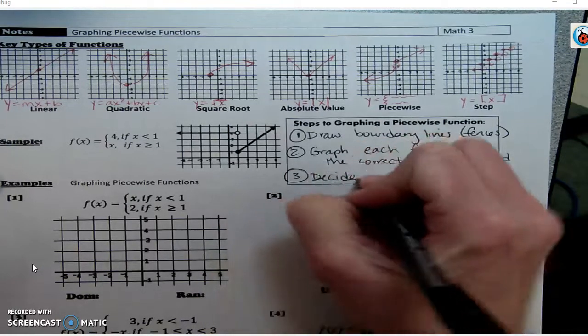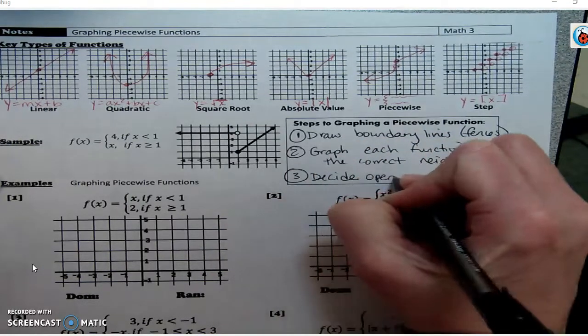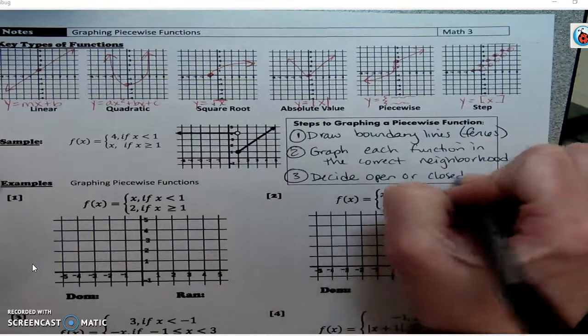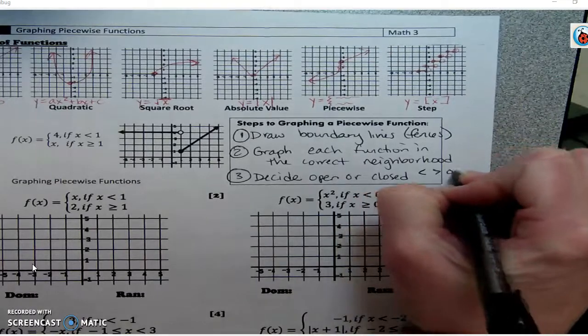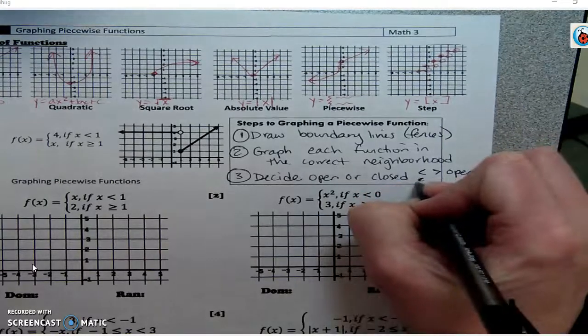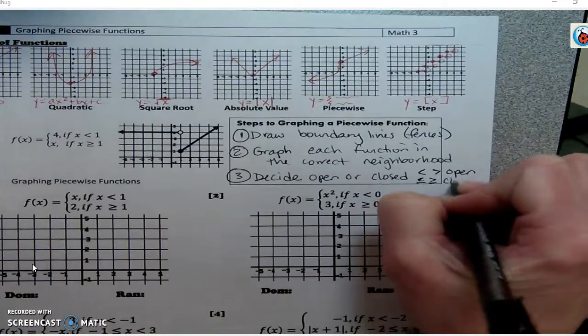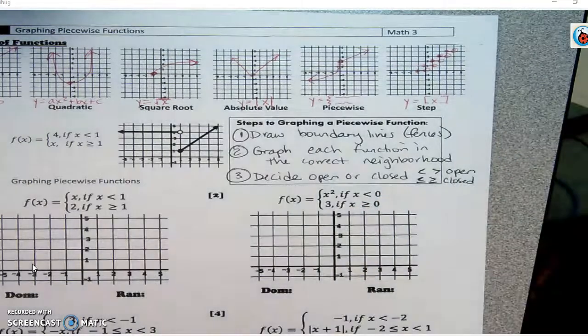And then you need to make sure to do correct open or closed. All right, so if it is less than or greater than, those will be open circles. If it's less than or equal to, greater than or equal to, it will be closed, just like you did in Math 1 and Math 2.